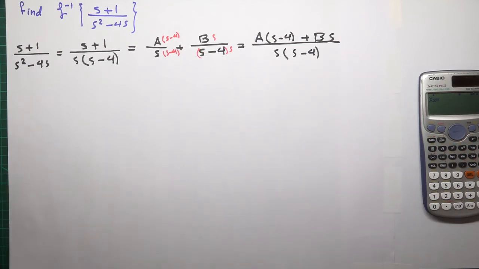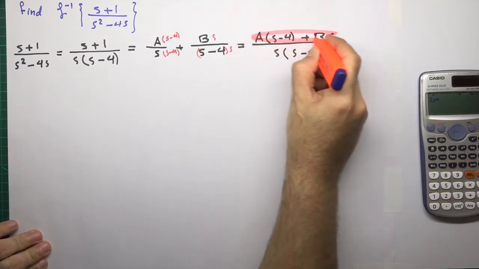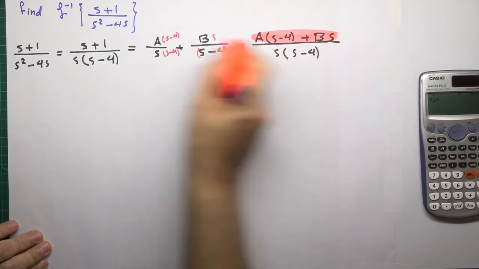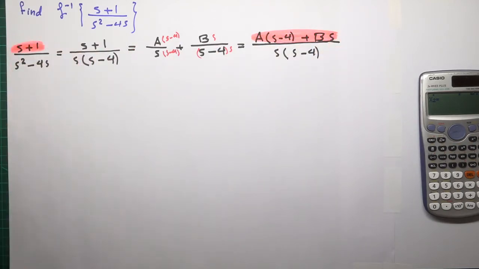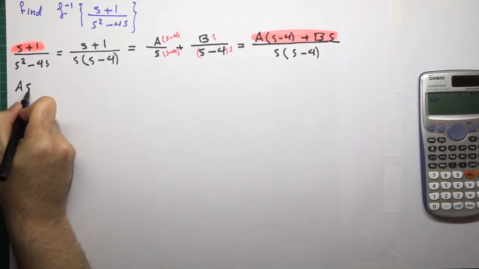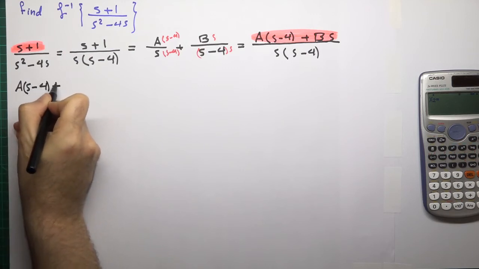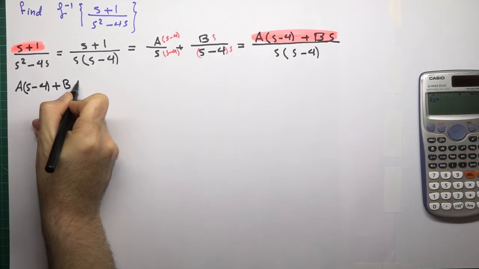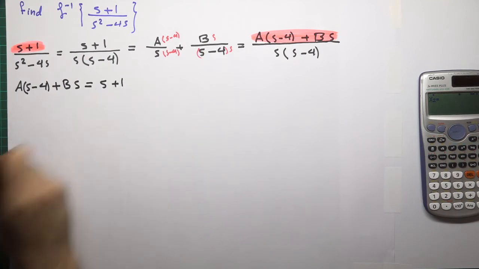And as you know, the numerator equals the numerator. I mean this one here equals this one here. So it will be now A times s minus 4 plus Bs equals s plus 1.